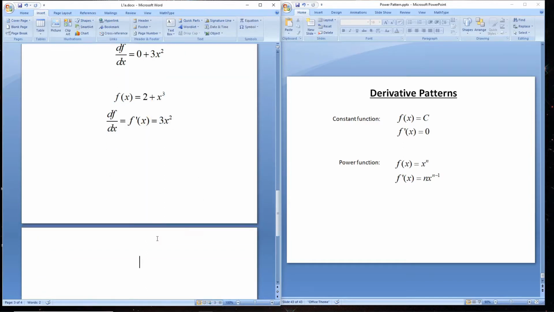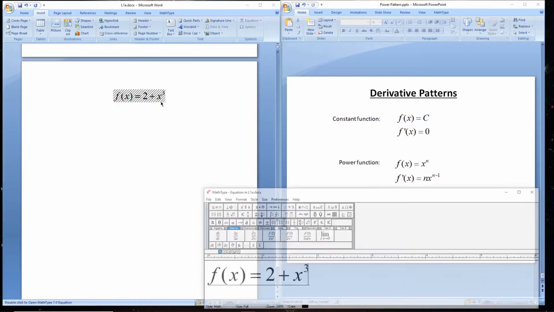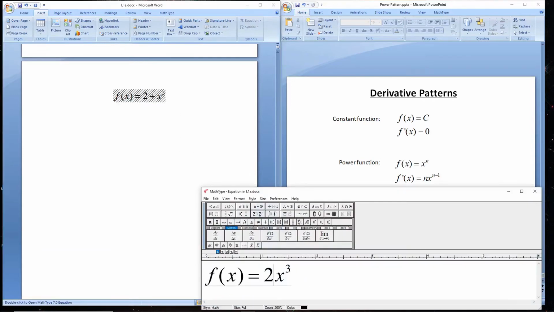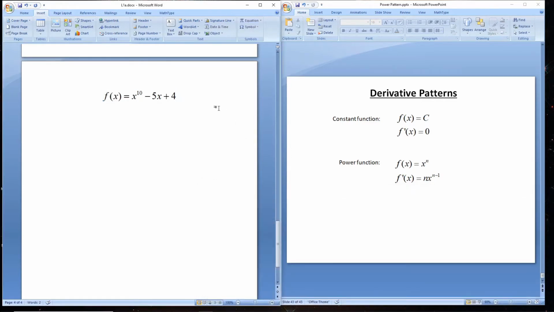Let's check that out again. Let's say we have instead x to the 10th minus 5x plus 4. So we're going to take the derivative.